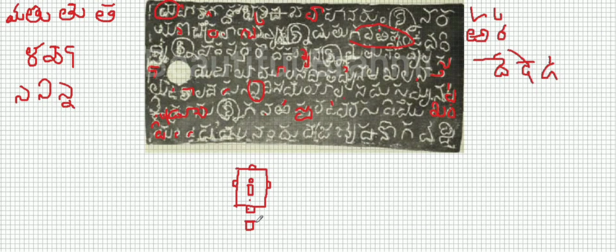Essentially, this outer structure is what is called a mukhamandapam. There, a panchayati, a group of elders, would sit and decide upon important matters for a community or a village.